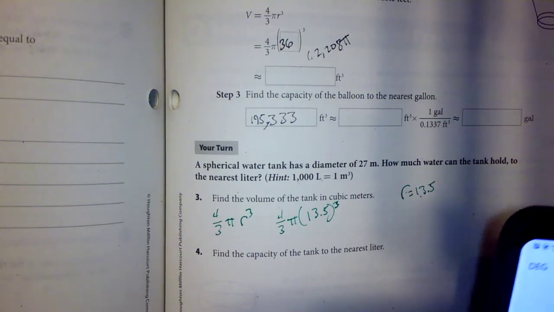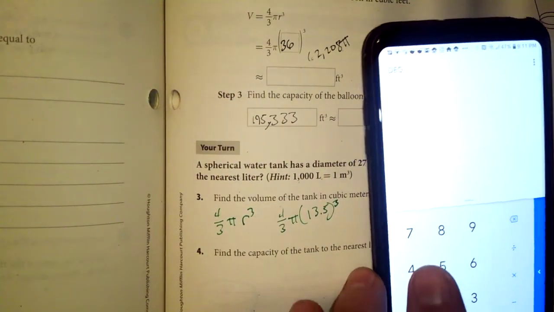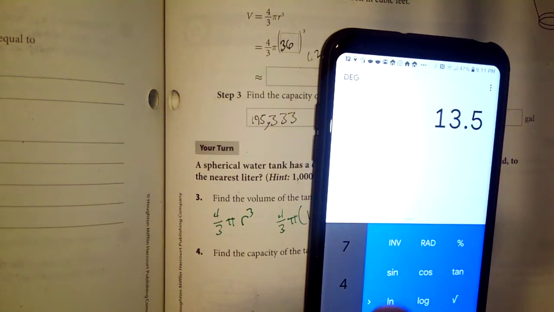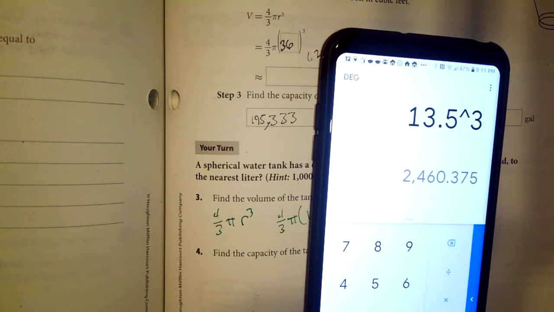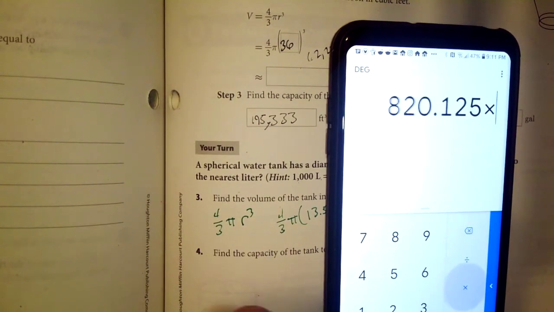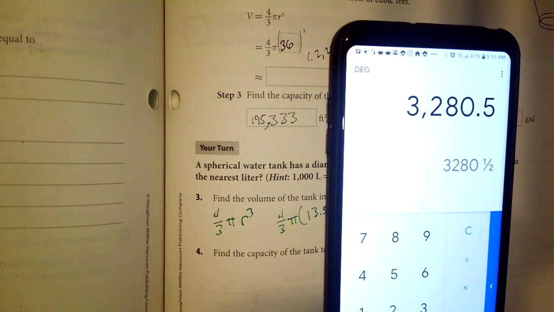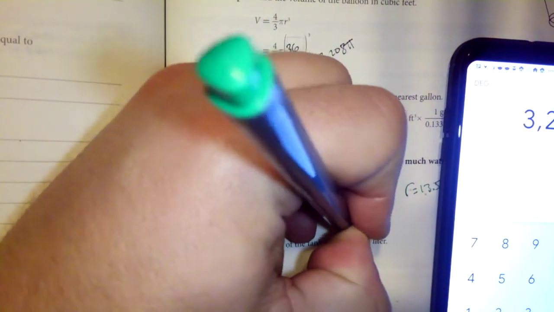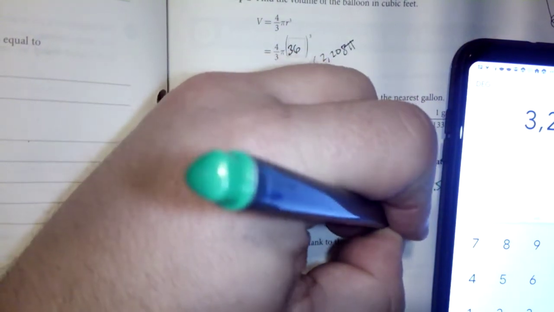Then I'll do a couple problems from the gray sheets, maybe. Okay, so we've got 13.5 cubed, to the third, equals that big ugly number. Now I'm going to divide it by 3: 820.125. Multiply it by 4: 3,280.5. And then you can leave it in terms of pi. If it's up to me, leave it in terms of pi. That's just easier. So I would say 3,280.5 pi.